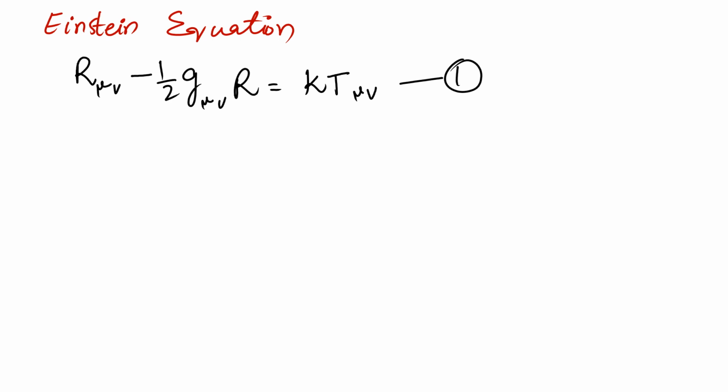This is the main and one of the most important equations in the field of general relativity, and especially in the field of gravitomagnetism. Let's name it the Einstein field equation. There are two solutions of this equation.